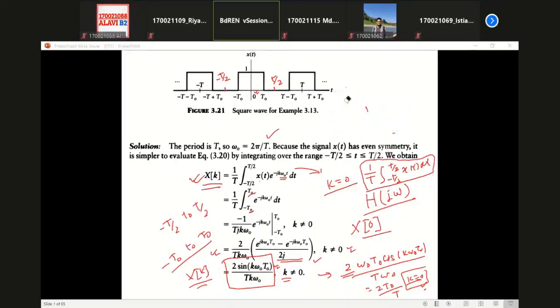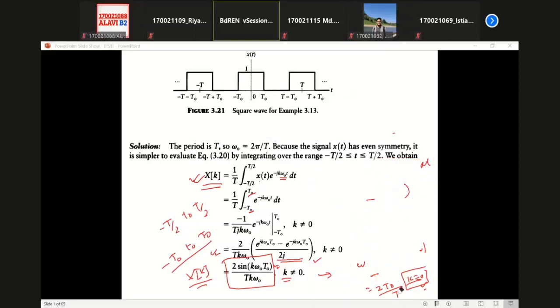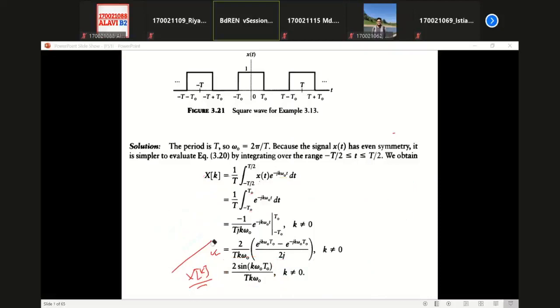The nature of the function is something like this: sin x divided by x. So this function looks like this. You see that your Fourier constant has a maximum value at k equal to 0, and we'll have values for k equal to minus and plus in the k plane, and that will look like a damping sinusoid.